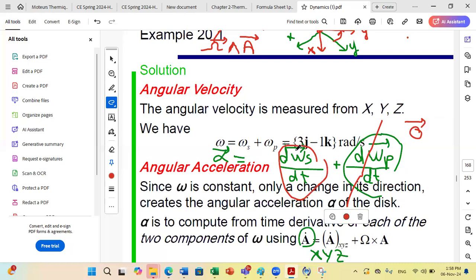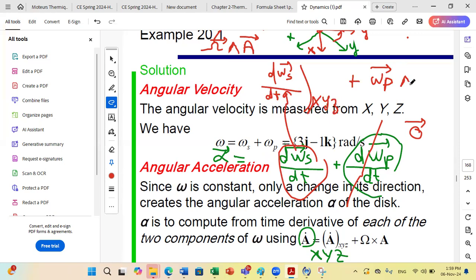This derivative can be seen as the derivative of omega s with respect to time as seen in small x, small y, small z, plus big omega, which we said is omega p, vectorial A, where vector A is what we are deriving, omega s. So plus omega p vectorial omega s.